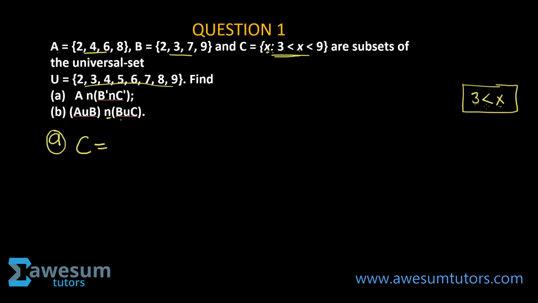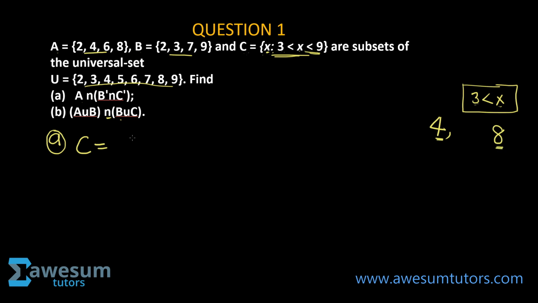So for X to be greater than 3 means it's going to start from 4, and X is less than 9 means it will not get to 9, so it's going to stop at 8.